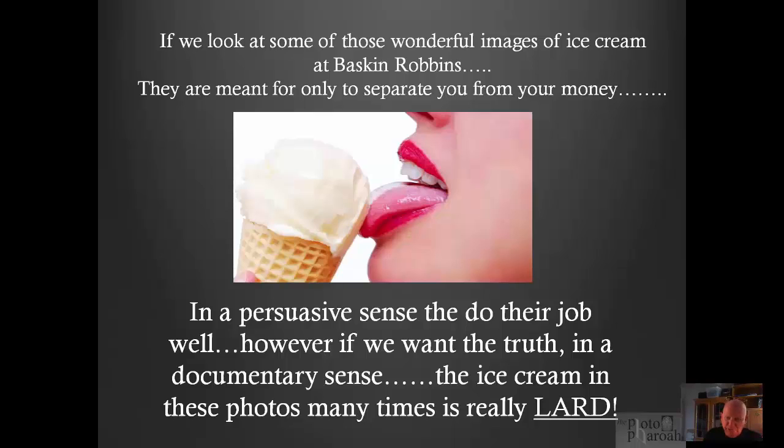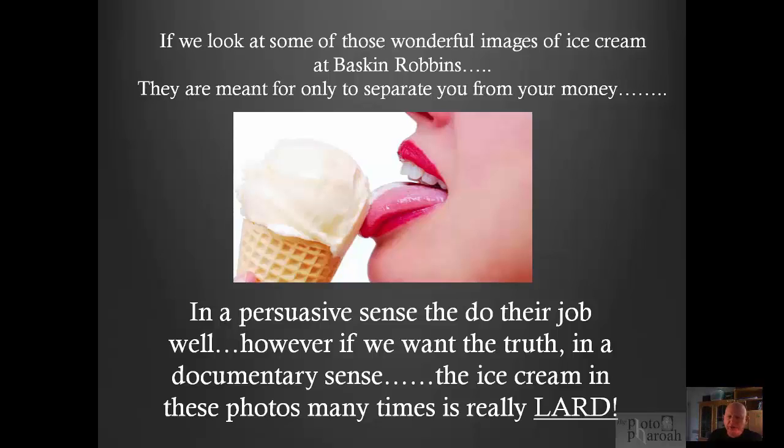A good example of a conflict between persuasive and documentation is those wonderful ice cream photos that we see at Baskin-Robbins. They're there to do one thing, and that's to separate you from your money. In a persuasive sense, they do their job well. You walk into Baskin-Robbins and you really want to buy ice cream.